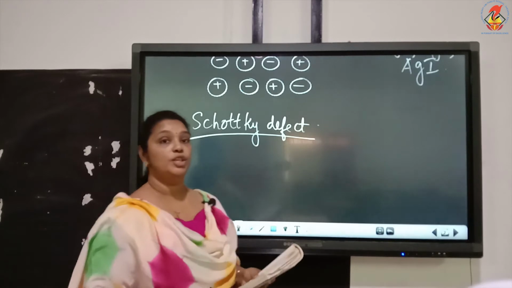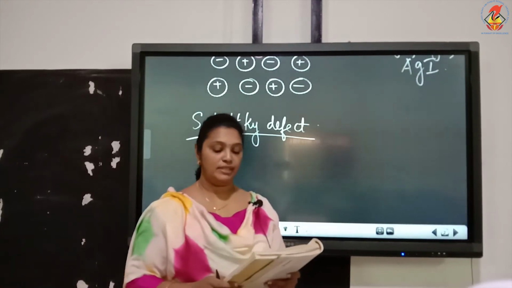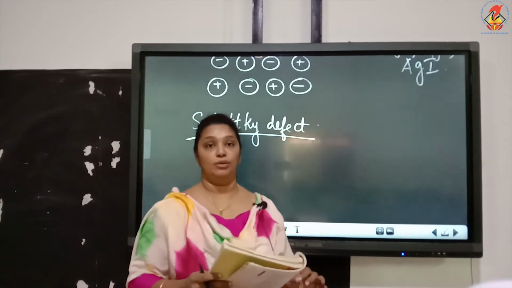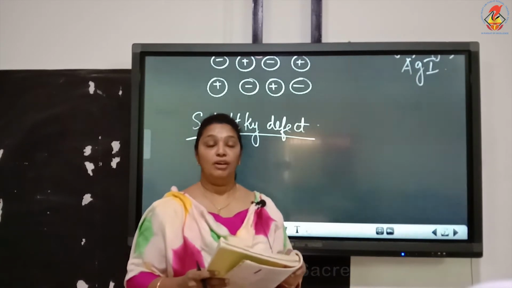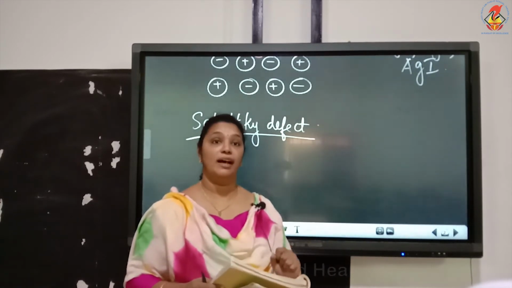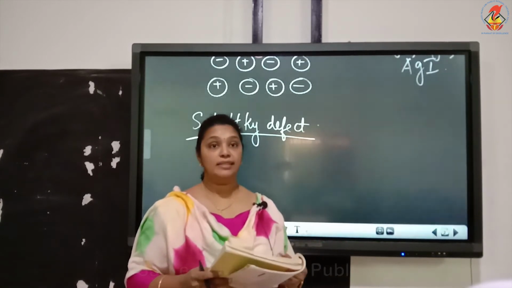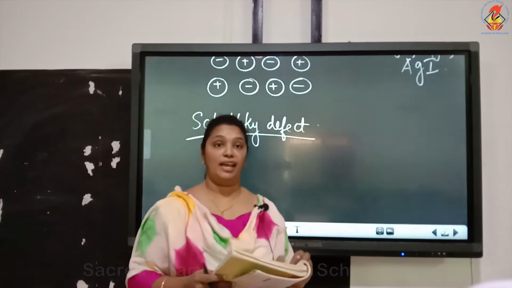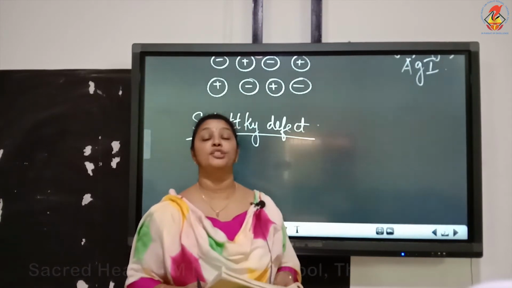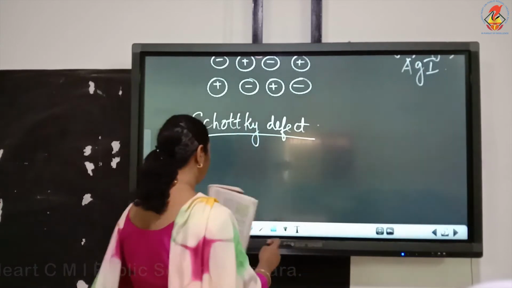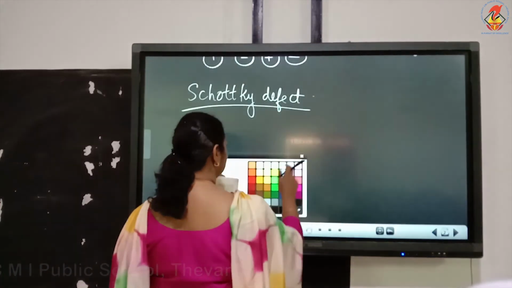Now what do you mean by Schottky defect? Schottky defect means some cations and anions are missing from the lattice sites, and the number of missing cations and anions is equal in order to maintain electrical neutrality. So I am going to show the Schottky defect.